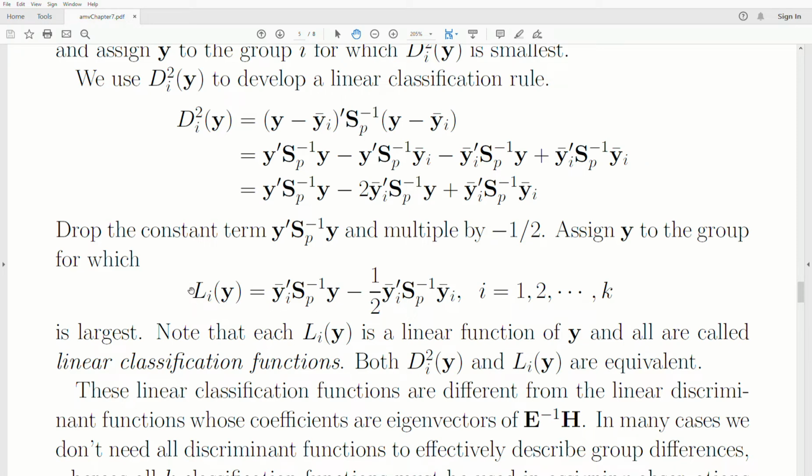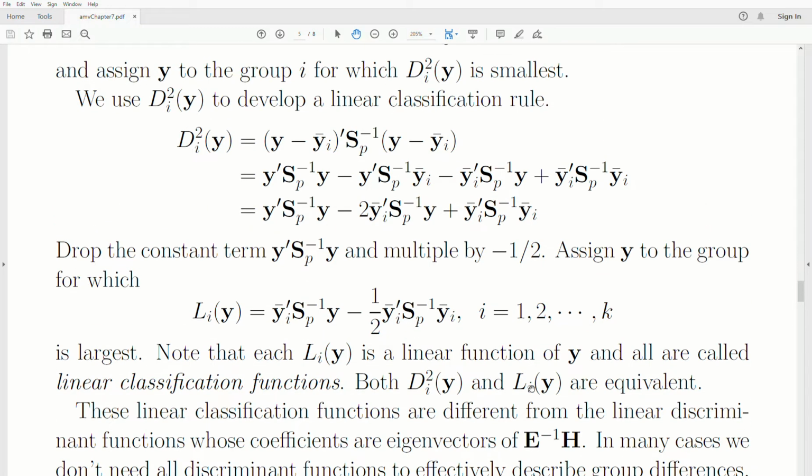Since we multiplied by minus 1/2, we want the largest linear classification function, and that's what we assign the new observation vector to. Okay, so really both are 100% equivalent, D_i squared and L_i of y. They're 100% the same.